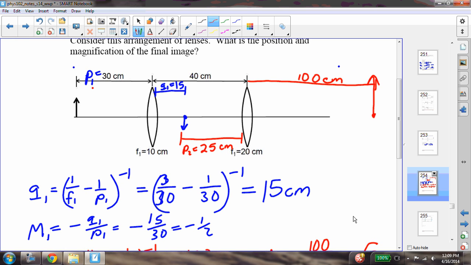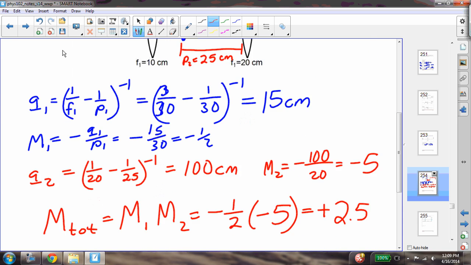And as we've drawn this, we see this. I draw it upright here. Remember, because I got a negative magnification due to this lens, but this was inverted, so I flipped it back up again. And also see that it's bigger. 5 times this, which was half the size of the object, would be 2.5 times bigger. So this final image is 2.5 times this image.